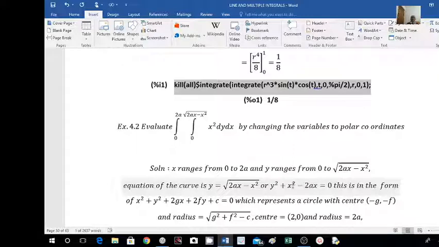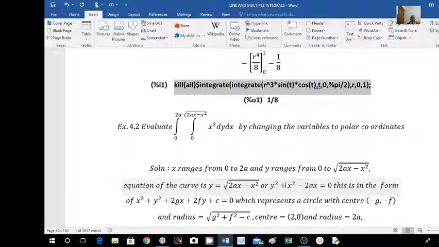Now this equation is of the form x square plus y square plus 2gx plus 2fy plus c equal to 0, and this equation is nothing but the equation of a circle whose center is minus g, minus f and whose radius is root of g square plus f square minus c.